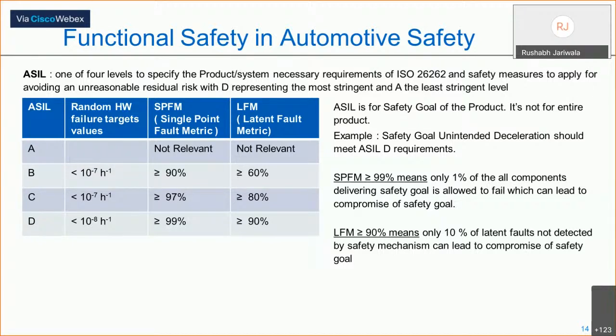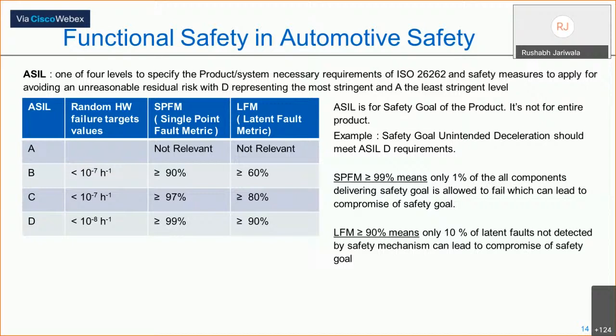But this makes it very complicated from a design and architecture point of view, because typically there would be not less than 1,000 components on the electronic board of this kind of inverter. And what we are talking about is that out of 1,000, roughly 1% means a very small number of components whose failure can be allowed to compromise the torque management.